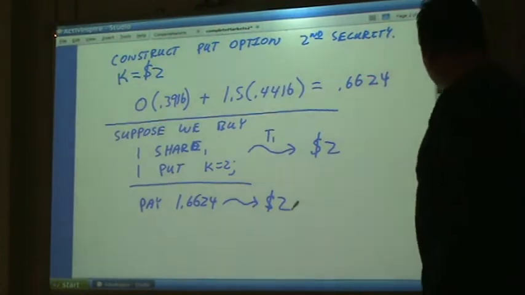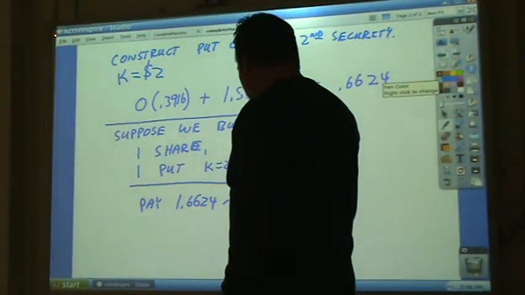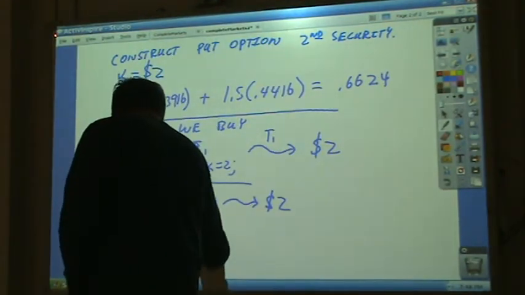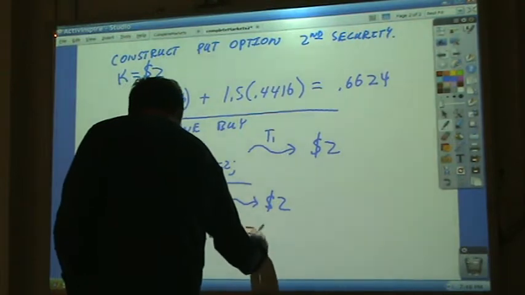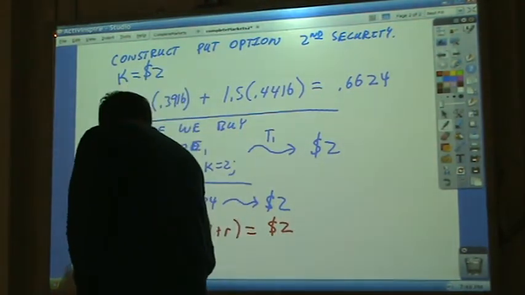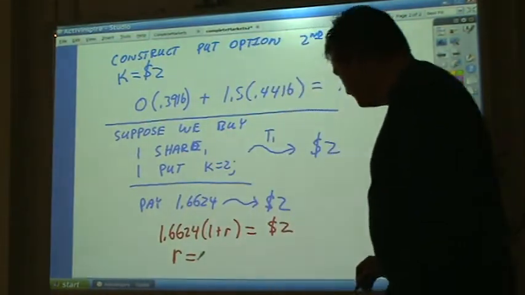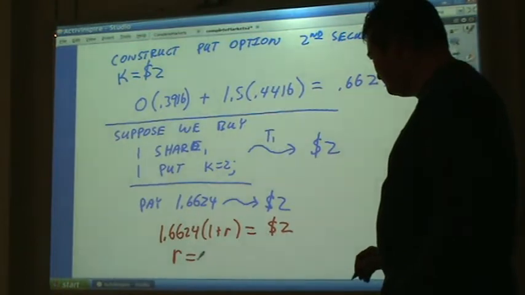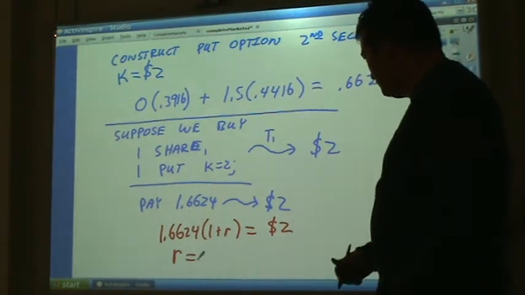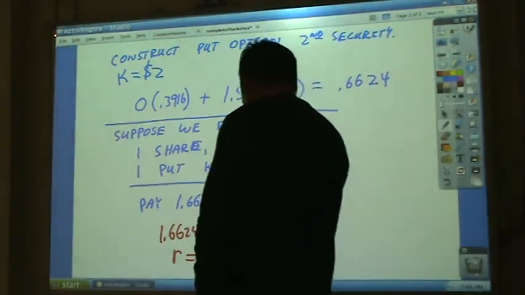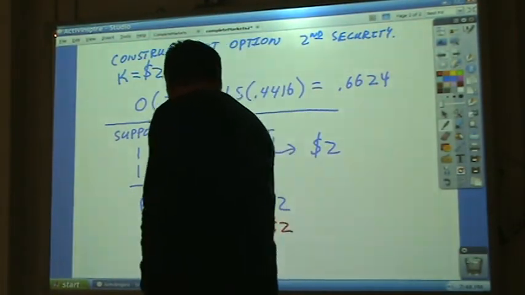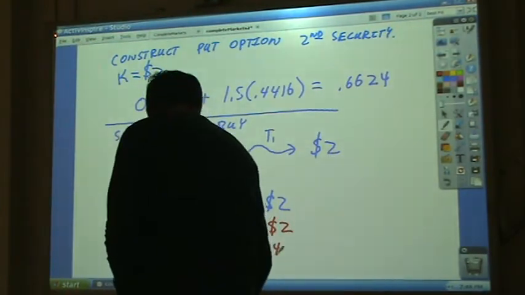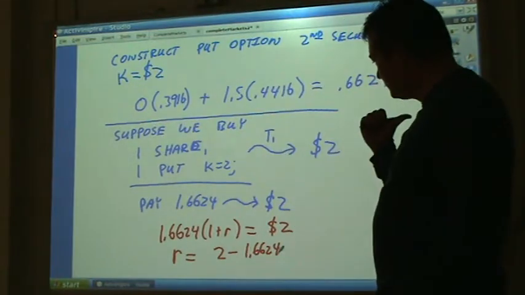So what's the interest rate here? How do you calculate interest rate again? 1.6624 times 1 plus R equals $2. What is R? R equals what?